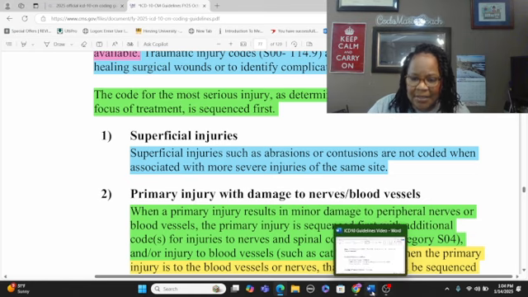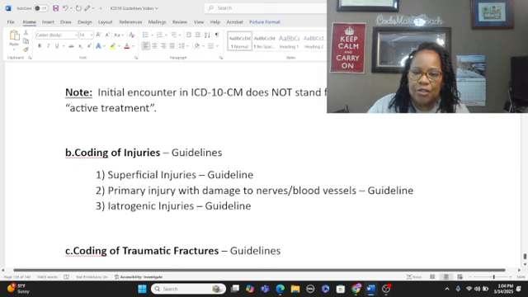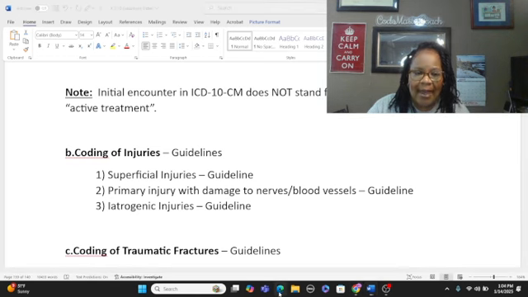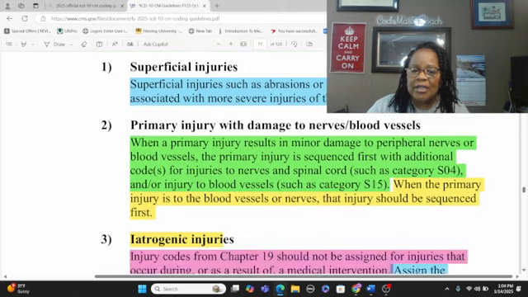Let me make sure my outline didn't say anything for number 1. Nope, 1, 2, and 3 are straight from the guidelines. So let's go back. Number 2, primary injury with damage to nerves and blood vessels. When a primary injury results in minor damage to peripheral nerves or blood vessels, the primary injury is sequenced first, with additional codes for injuries to nerves and spinal cords, such as category S04, and/or injury to a blood vessel, such as category S15.